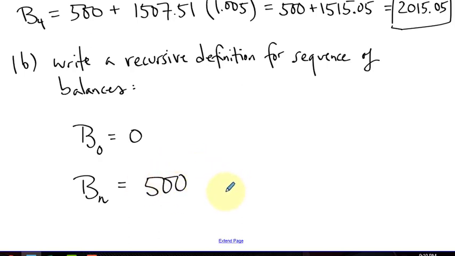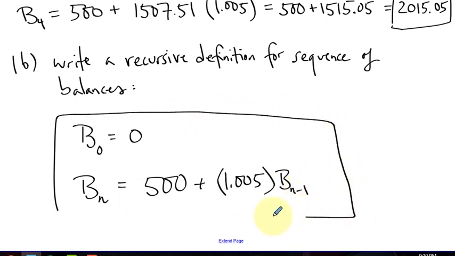The nth balance is based on the n-1 balance. It's $500 plus, let's say, the growth factor 1.005 multiplied by the balance in the previous month. That's a recursive formula then that you could use to generate any balance based on any balance, because we know the initial balance and we know a formula to generate all the balances from that.